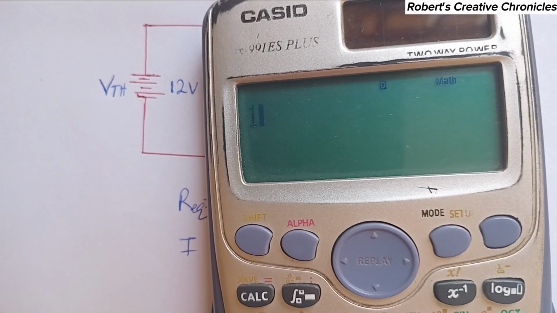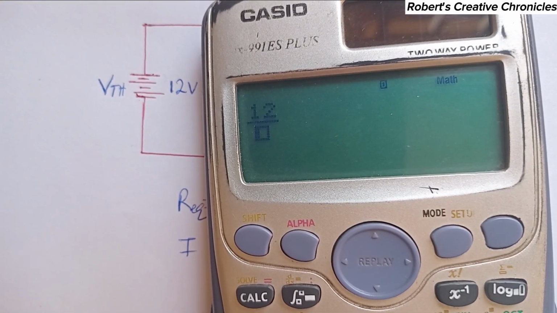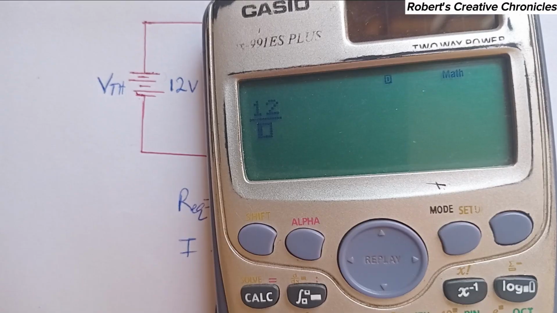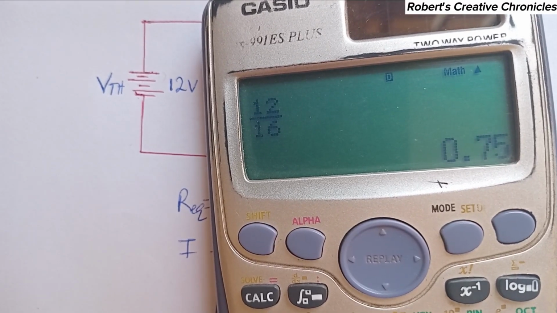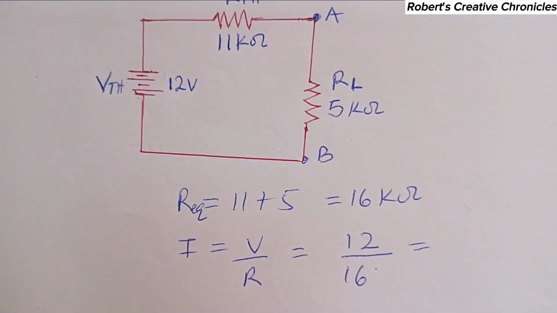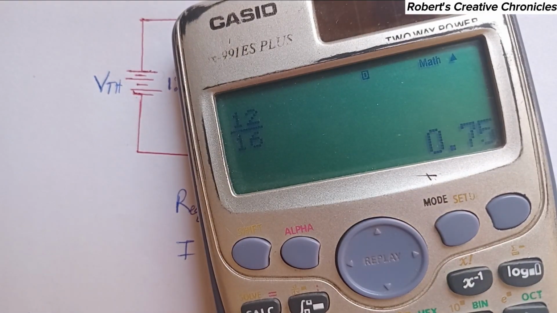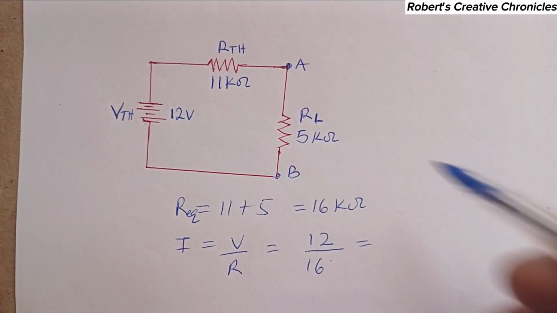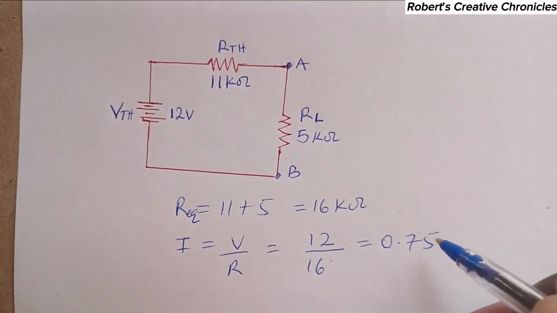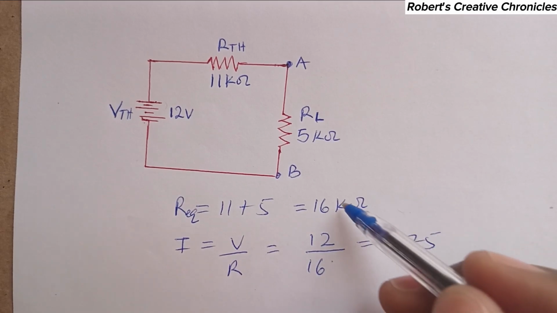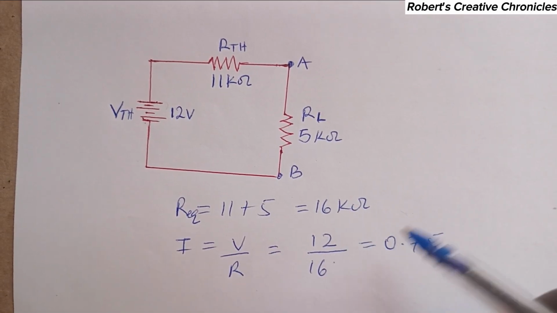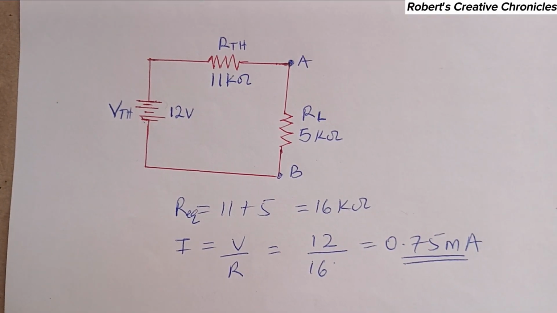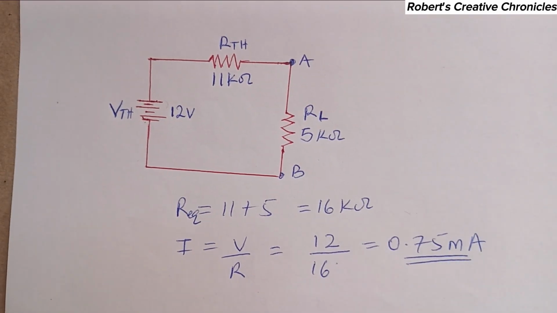That will be 12 divided by 16, which is 0.75. And you know there's a kilo here. So 1 over 1000 is milli. So it's milliampere, that is 10 raised to the power of minus 3 ampere.